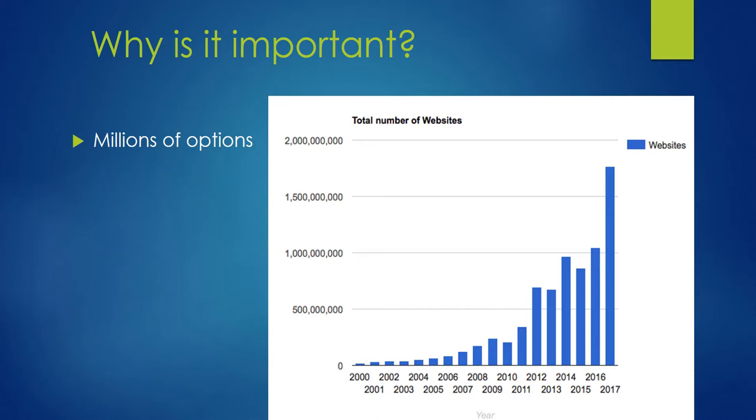So, why is usability important? The main answer to that is to understand how people are using your website and to make your website better and easier to use. There's millions of websites available today, and there's a lot of competition.